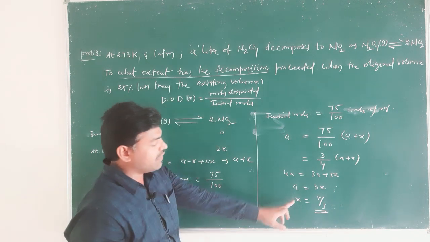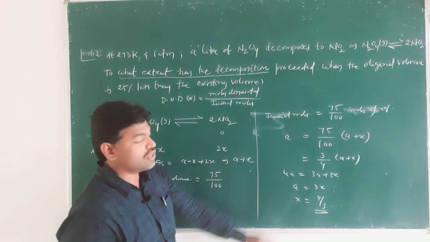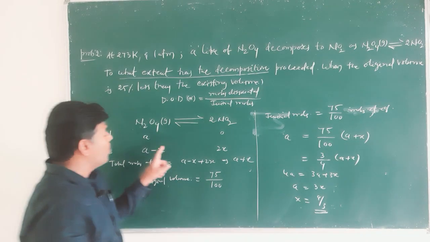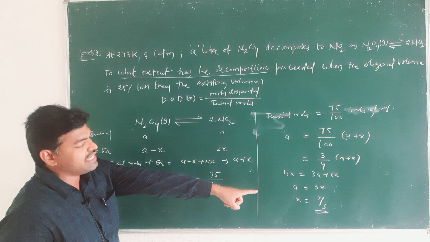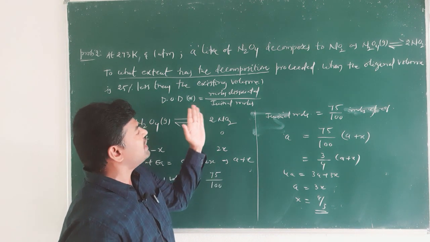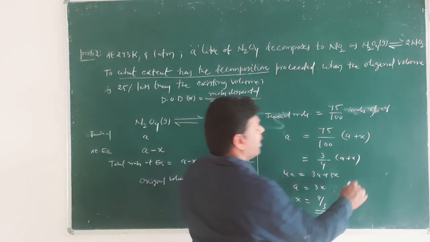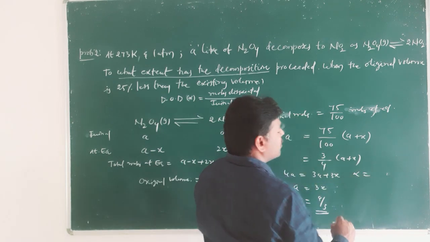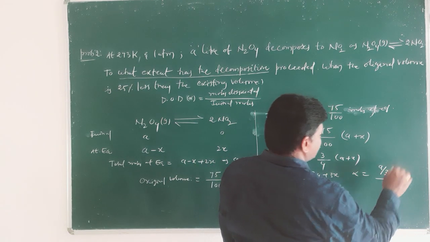That is how we get the moles dissociated, because x is the moles dissociated from the initial moles. So x is equal to A by 3, and we know the initial moles is A moles.